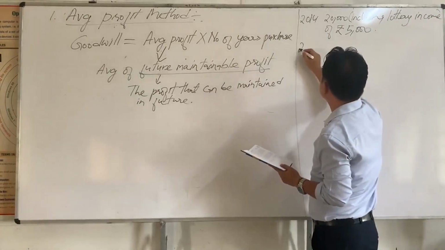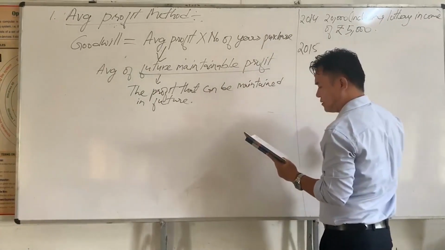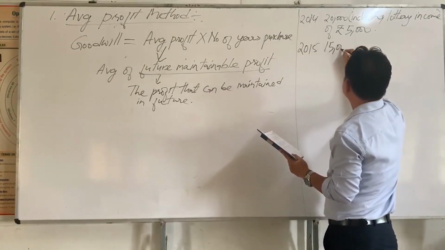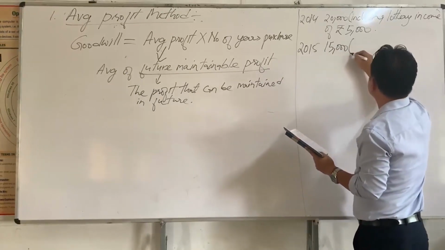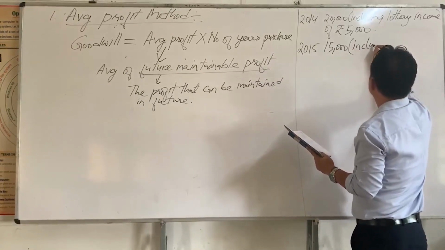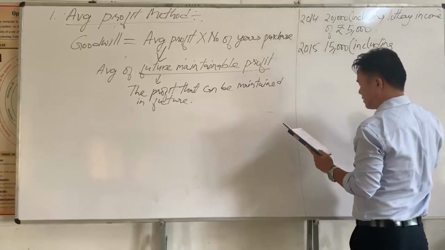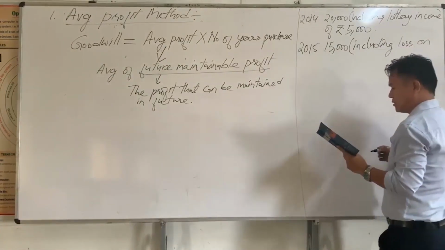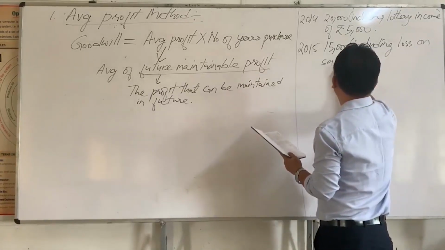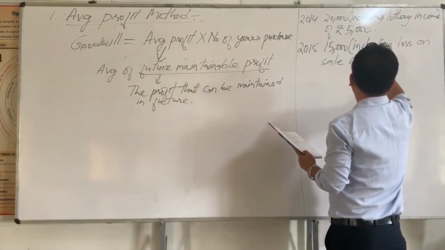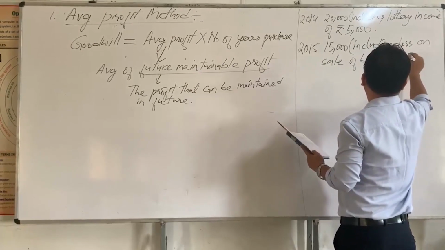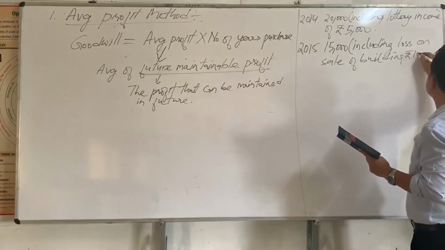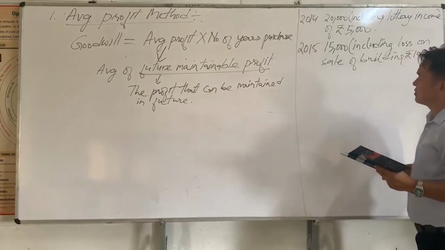In the year 2015, the profit of the firm was rupees 15,000, including loss on sale of building, rupees 10,000.